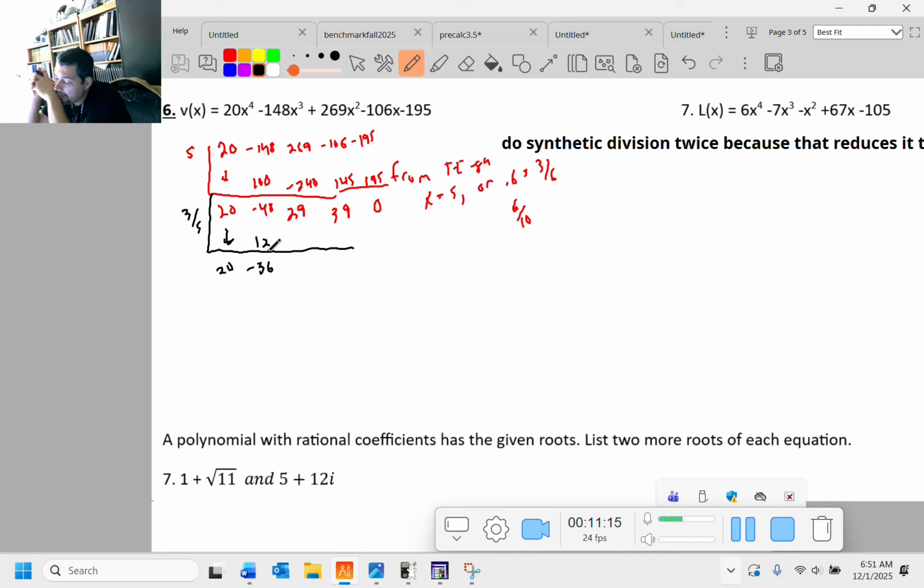Anyways, if you multiply by 3, you get 108. Divide it by 5, and you get something pretty bad, don't you? I was hoping it'd work out where you didn't have all these fractions, but it's not. 3/5 times negative 36 is going to be negative 108 over 5. Now we have to add to that 29, which is going to be 145 over 5.